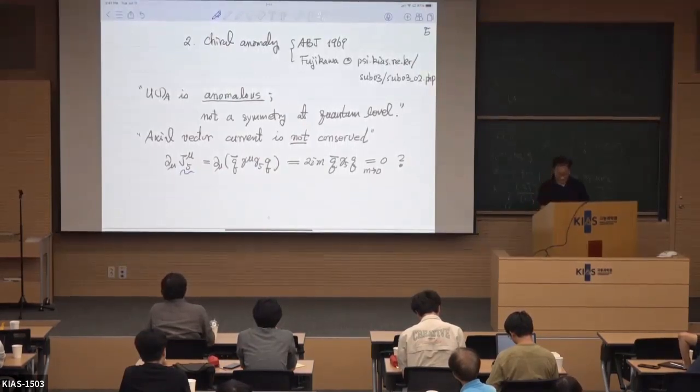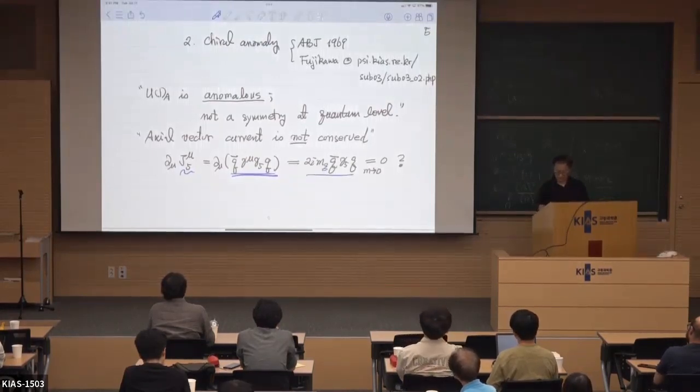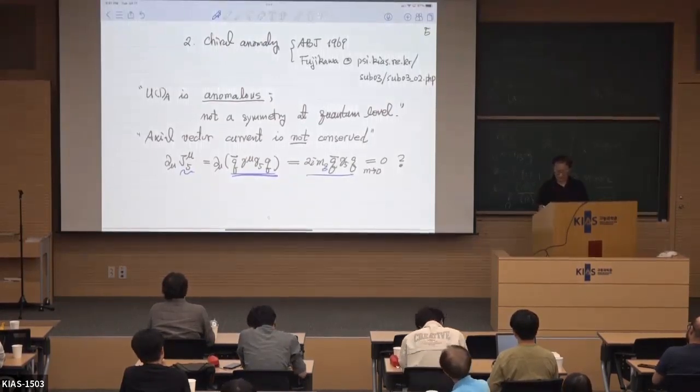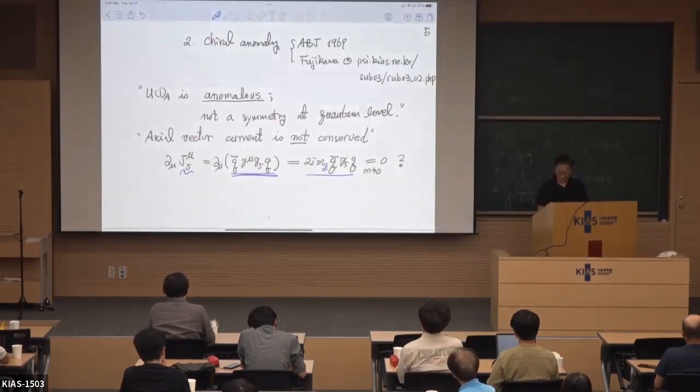You take a derivative of the axial vector current, then using the equation of motion you get this relation. Since we are taking the massless quark limit, this should vanish, meaning a conserved chiral current. But this turns out to be non-zero.